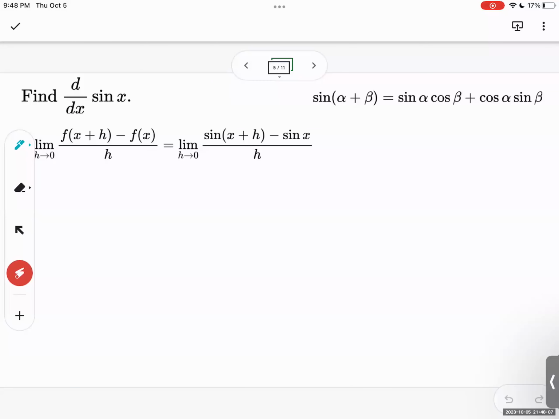I copied the formula up here. Sine of alpha plus beta is sine alpha cosine beta plus cosine alpha sine beta. I will say that if you need any of these trigonometric identities, I will provide them for you. These are not identities that need to be memorized.